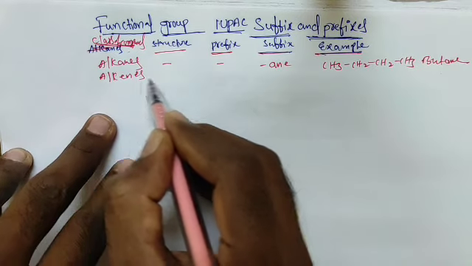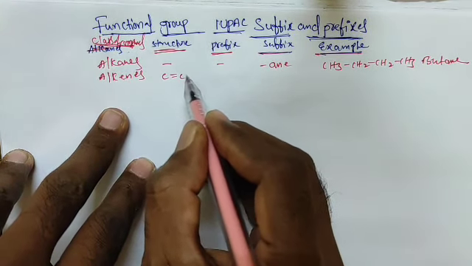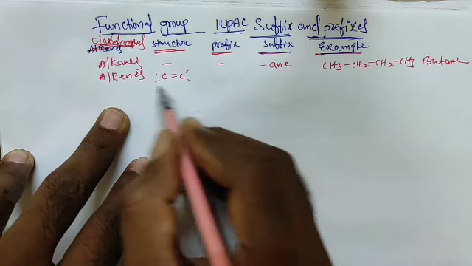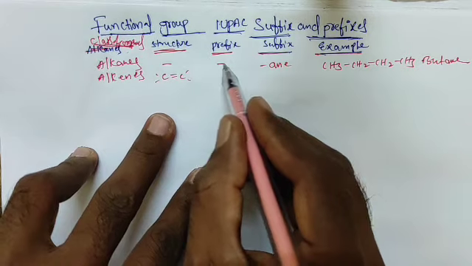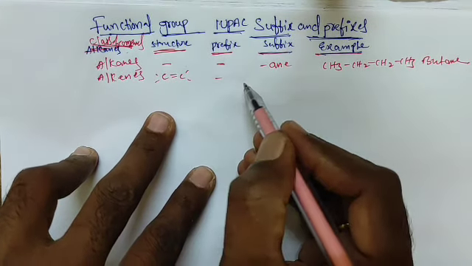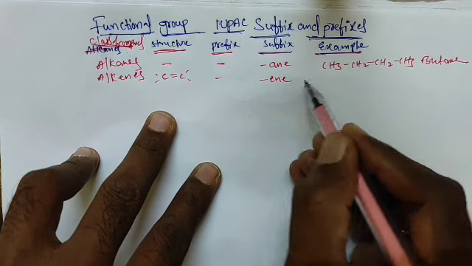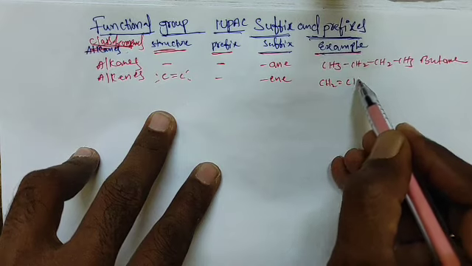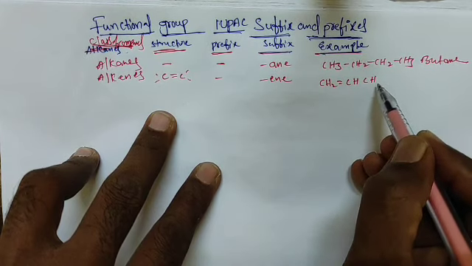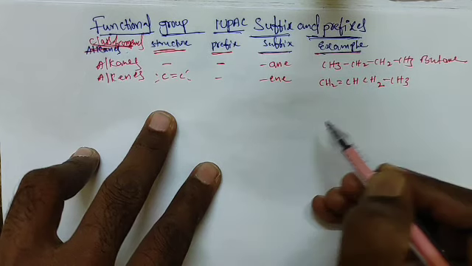The second one, alkenes. The structure of alkene is C double bond C, with two hydrogens here and two hydrogens here. There is no prefix for this one. Suffix is ene. Example: CH2 double bond CH, CH2 CH3.